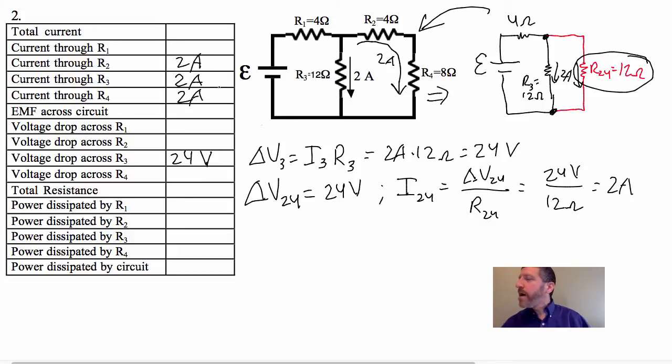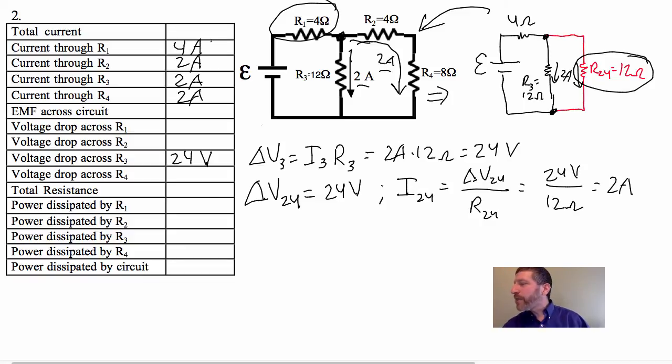Now I can figure out the current through R1. Hint, this is like a river splitting into 2 creeks. Each creek has 2 amperes, 2 coulombs per second, flowing through it. What's the current through R1? It's got to be the sum of those, so the current through R1 is 4 amperes.